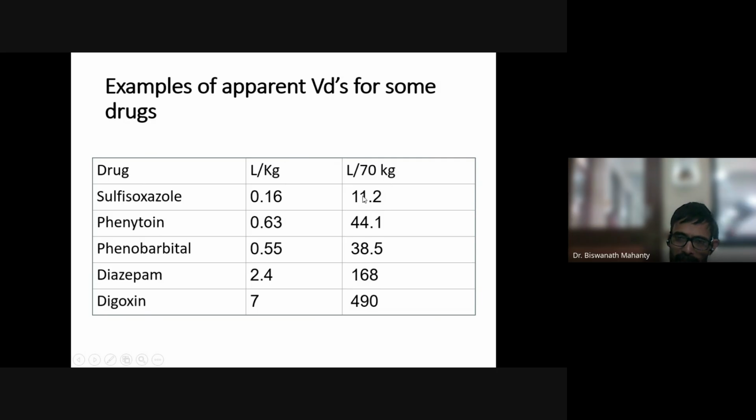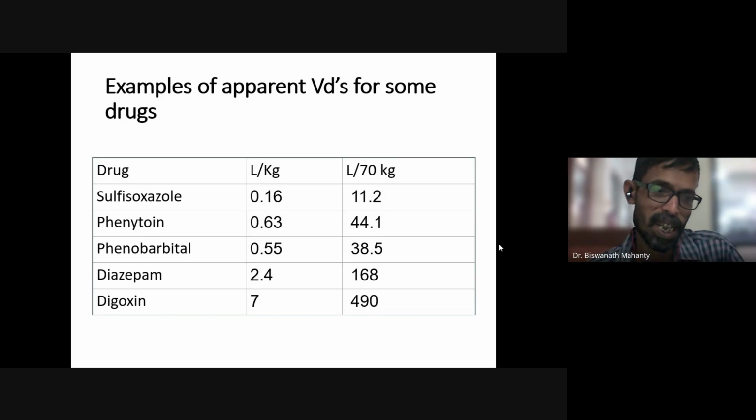Another drug, phenytoin, suggests 44 liters, and here it is 38.5 liters. What does it mean? When the VD value is too high, it means the drug is getting concentrated into some organ. Plasma concentration is much lower, so the VD is much higher. So partitioning of the drug into the body, bodily fluid or tissue can be suggested.